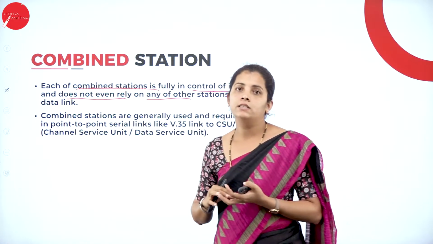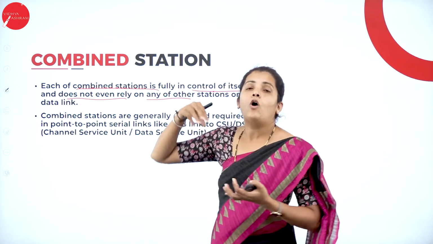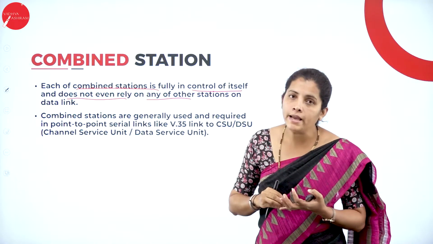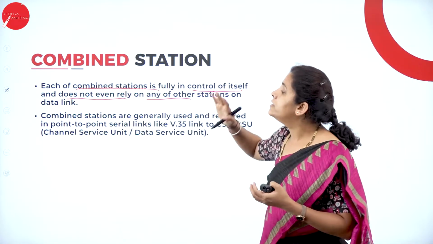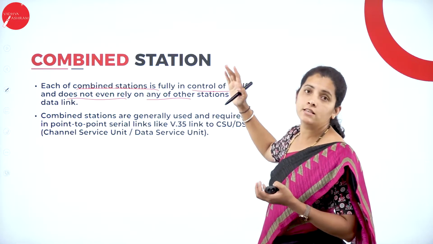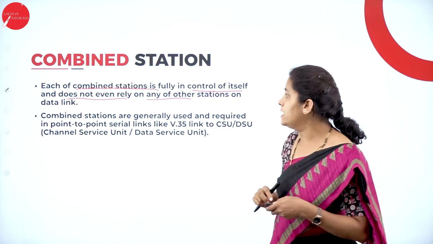Dear student, just remember that in a combined station, all the control and management is done by itself, and it does not rely on any other stations present in the data link.